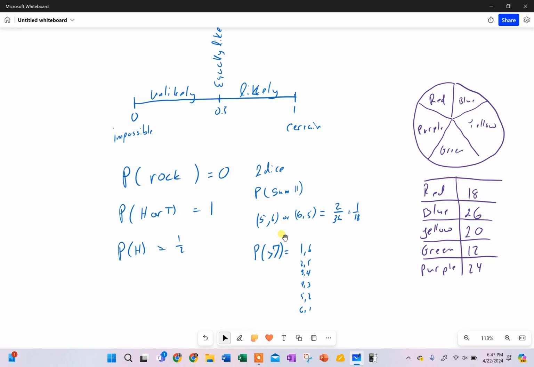So those are all the ways you can get 7, but then you can get 8 by doing 2 and 6, 3 and 5, 4 and 4, 5 and 3, 6 and 2. You can get 9 by doing 3 and 6, 4 and 5, 5 and 4, 6 and 3.